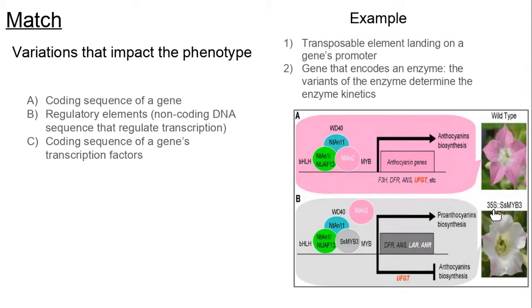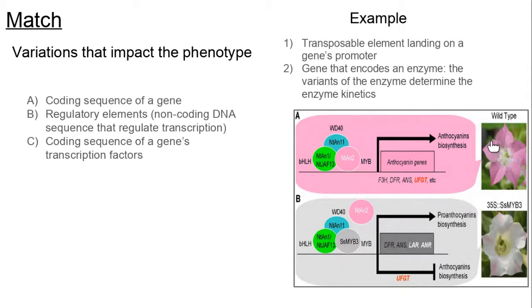So the RNA polymerase will then be attracted to that sequence. This part is a promoter, and then this is the gene that they transformed these plants with. Here it's pink, and here is white, a little bit of pink.